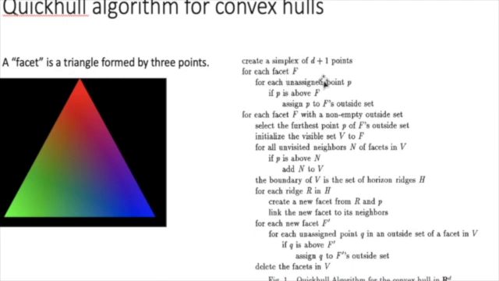Let me go through this algorithm. At the beginning, it will use some extreme points to create an initial convex hull, and then use the faces of the convex hull to determine the outside set.